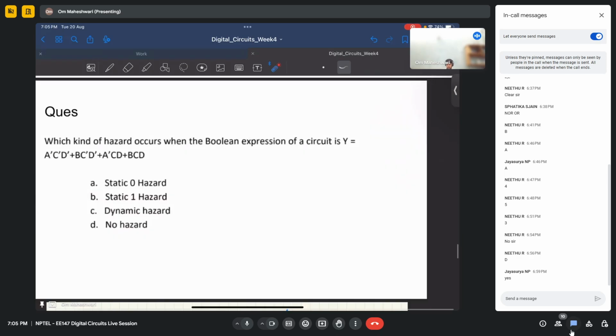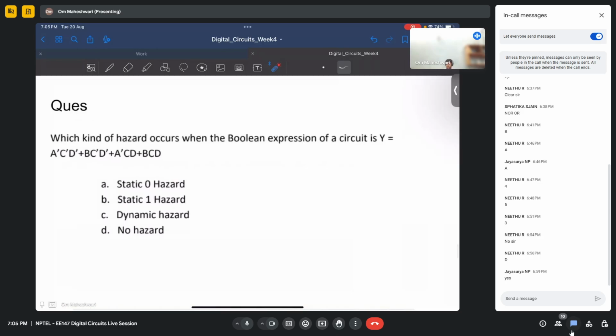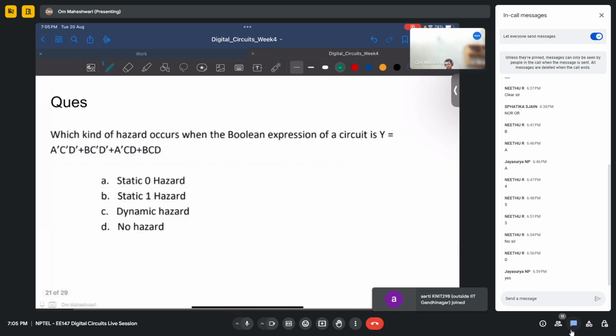So what we can do to solve this question is make the K-map and check the adjacent ones. So, a four variable K-map.